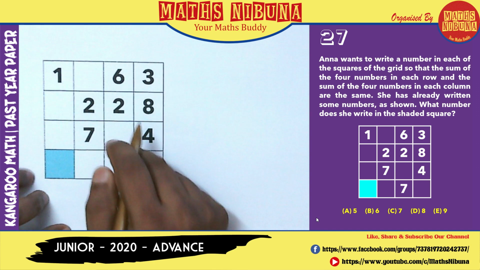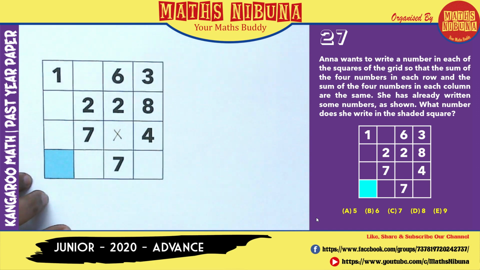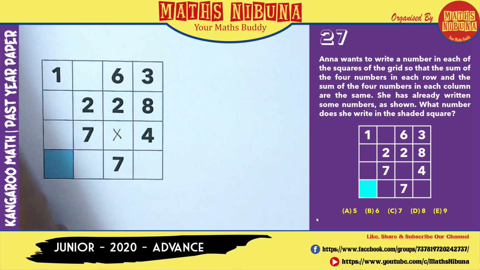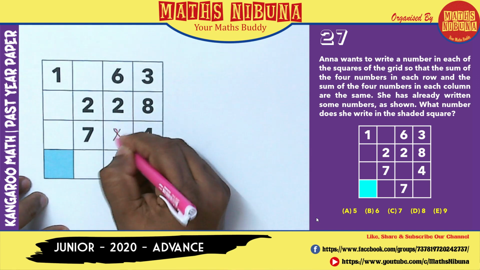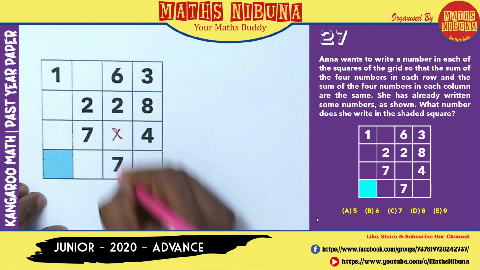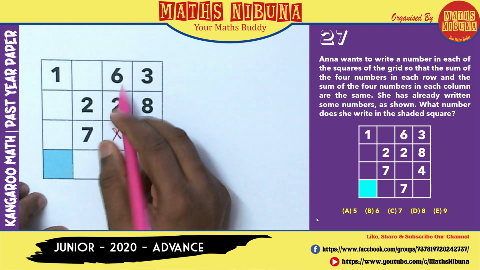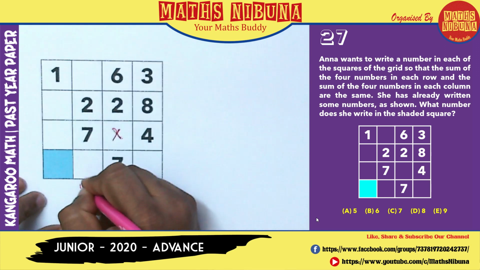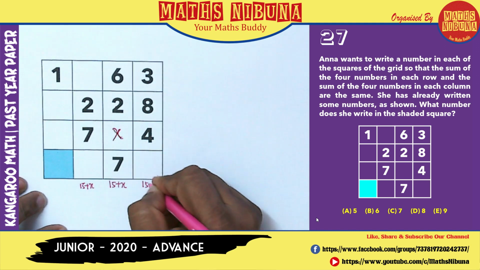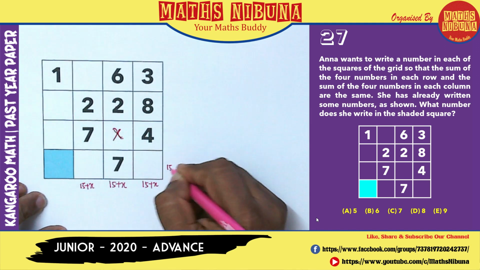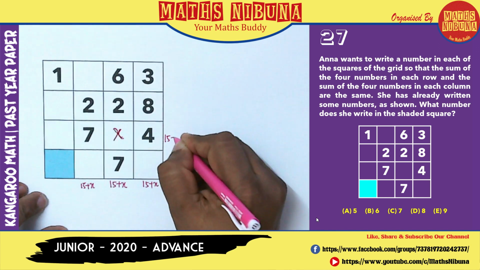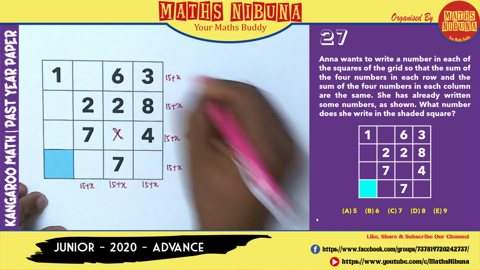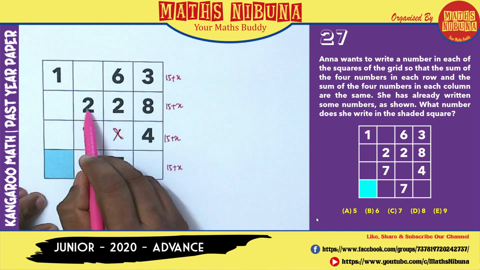This one has 6, 2, 7 and the unknown, so we call it x. Total is 6 plus 2 is 8, plus 7 is 15 plus x. That means all must be 15 plus x. Never mind, we don't know what x is, don't worry. Now look at another column with 3 numbers.